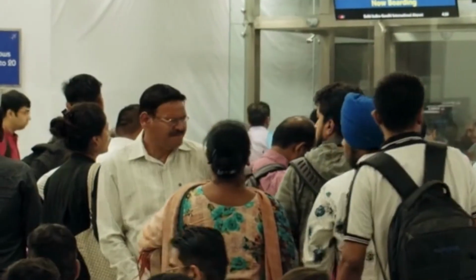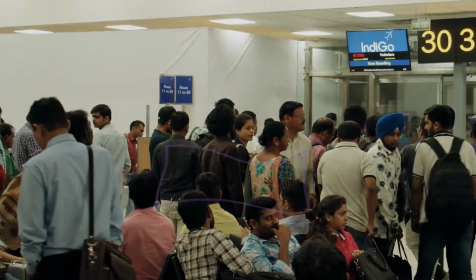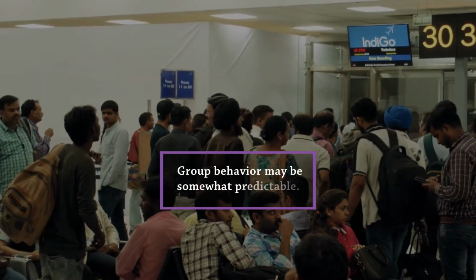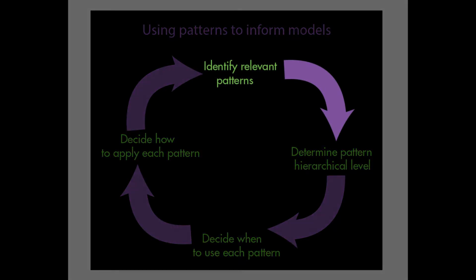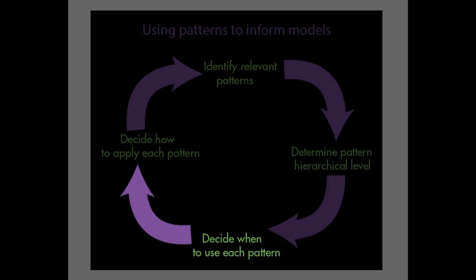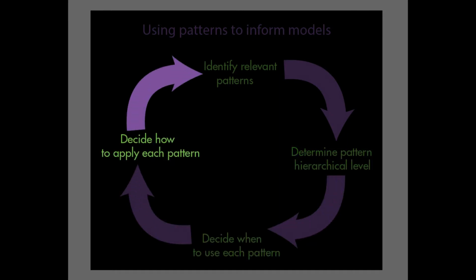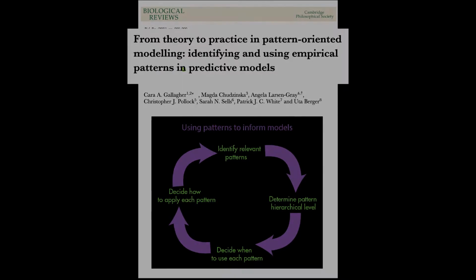But at an aggregated level, collections of people who are individually unpredictable often display fairly predictable patterns as a group.